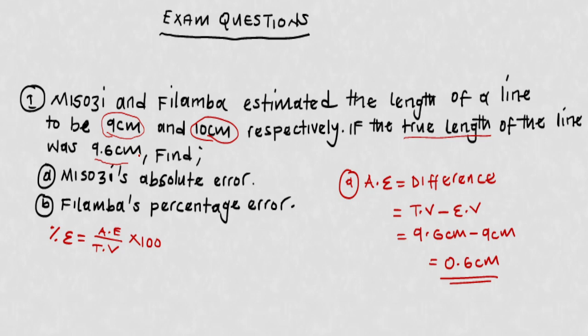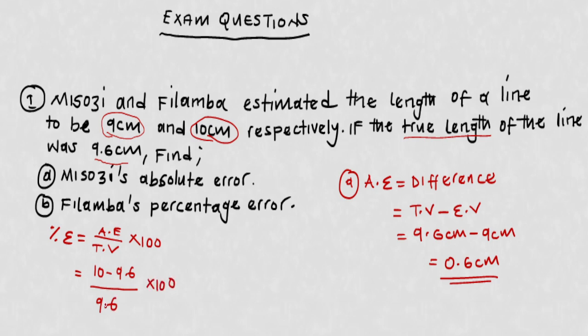The difference will be the bigger number subtract the smaller number. So we say 10 subtract 9.6. Then this is going to be divided by the true value, which is 9.6. Then we multiply by 100.